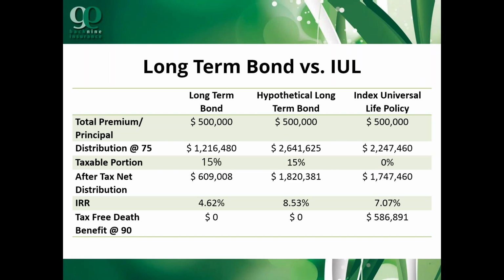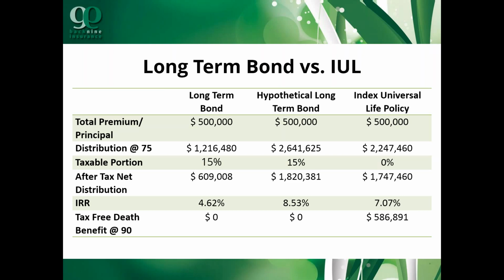Here I've chosen 4.62%, which is that annual average return from the U.S. Barclays aggregate bond allocation. So if you go ahead and throw that $500,000 in there, you let it grow for 20 years. At age 75, you're going to have $1.2 million approximately in that bond. After you take into account the long-term capital gains tax, your after-tax net distribution is just over $600,000.